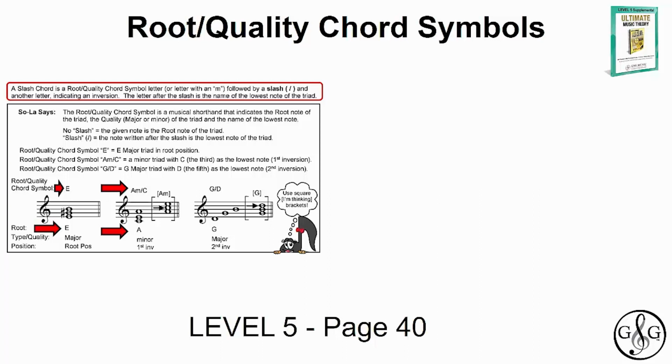So the lowest note of the given triad is written in first inversion. So the root quality chord symbol is A, the root, followed by a lowercase m, indicating minor, followed by a slash, indicating, oh, that's an inversion, followed by the letter C, indicating the lowest note of the triad is C.